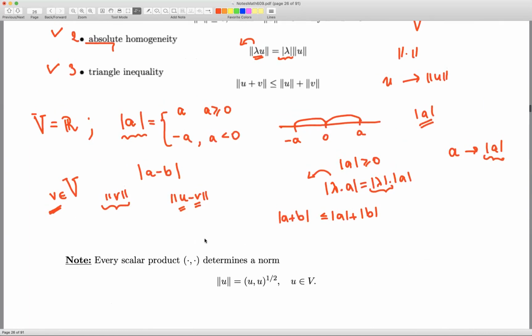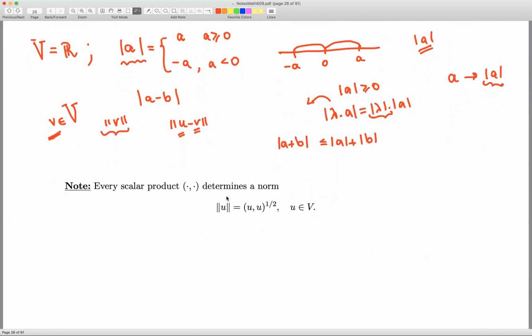Now let's go back. Once we have a norm, an abstract mapping with which we define the length or magnitude of a vector, then we can talk about how two vectors are close to each other, or we can discuss various concepts that we deal with when we discuss numbers.